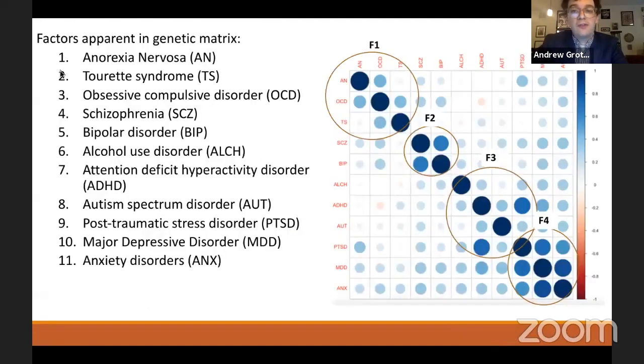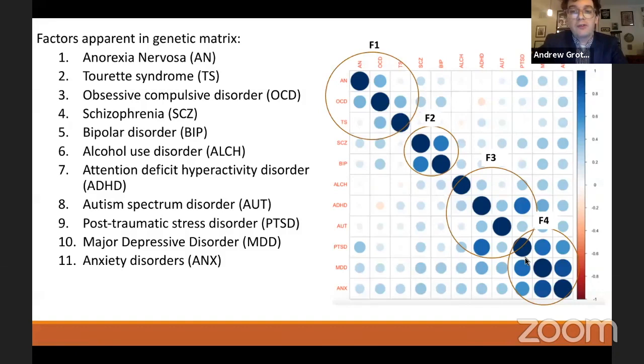If we look at the genetic correlation matrix across these 11 disorders, what I've done here is ordered the matrix according to the factors that we pulled out in the model. You'll see that a lot of the factors are really apparent with this ordering. In particular, if you look at factor 4, the internalizing disorders factor, in the lower right-hand portion of the genetic correlation matrix, you can see this really strong subclustering of PTSD, MDD, and anxiety against this overall backdrop of genetic overlap across the 11 disorders.